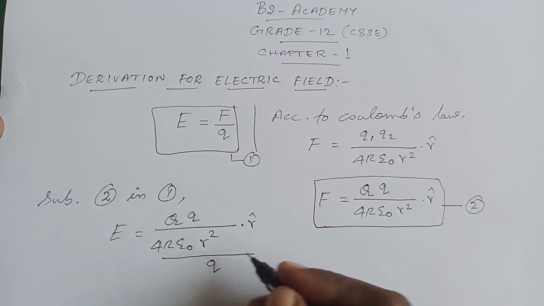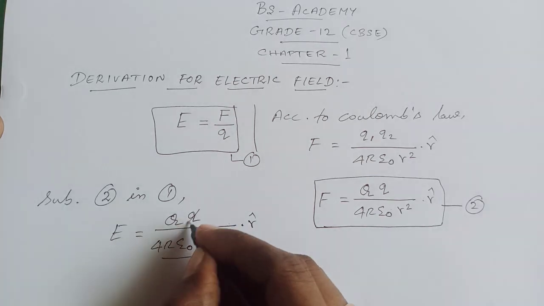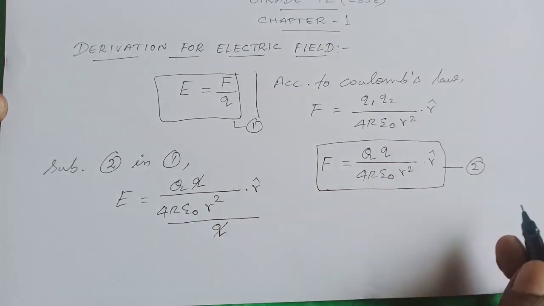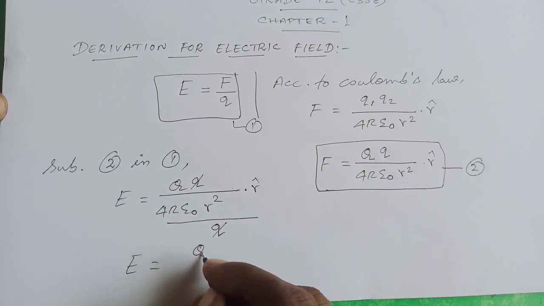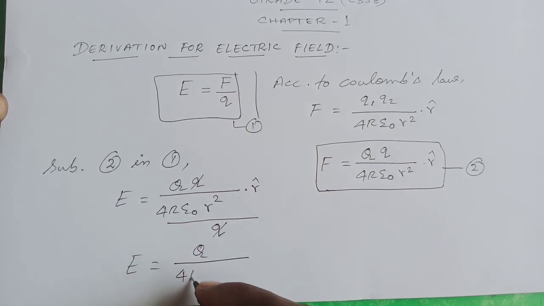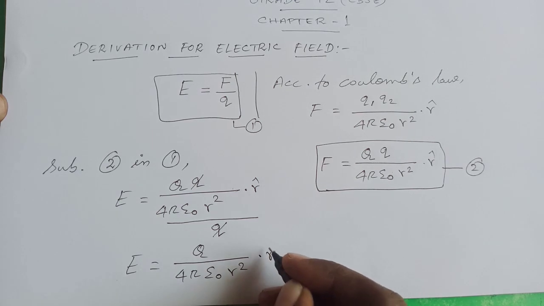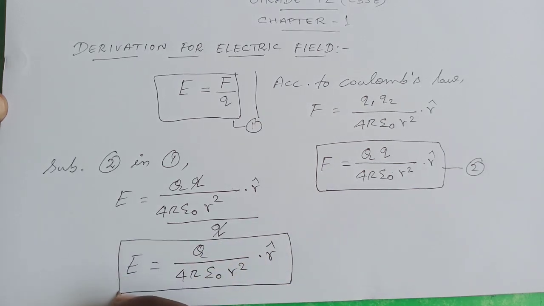So this small q is in the denominator, so we can cancel out this small q. What is the remaining thing? Then E is equal to capital Q by 4 pi epsilon naught r square into r cap. Okay children, so this is the equation for the electric field.